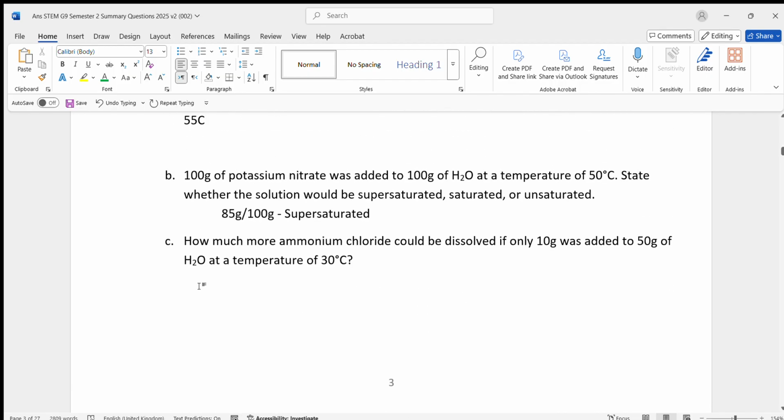Since they are talking about 50 gram of water, I can divide this 41 by 2, which is roughly 20.5 gram. Because 10 grams was added, you subtract: 20.5 minus 10, which is equal to 10.5 gram.